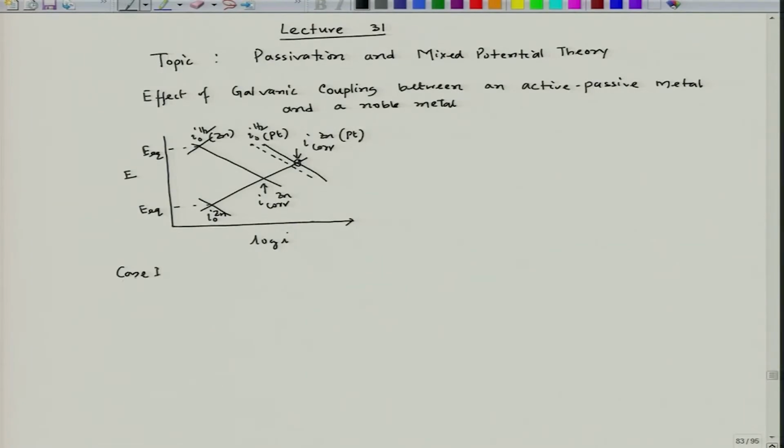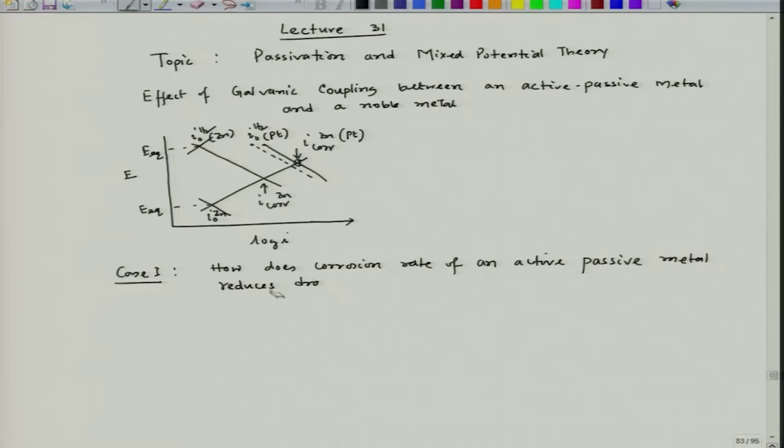So, case 1, let us see how does corrosion rate of an active passive metal reduce drastically due to galvanic coupling with a noble metal.